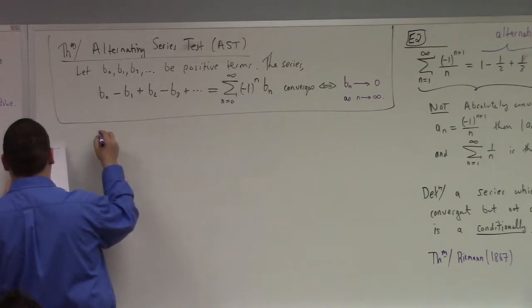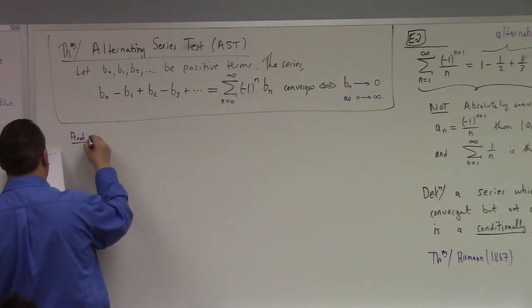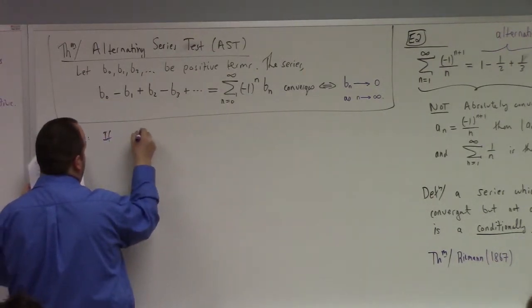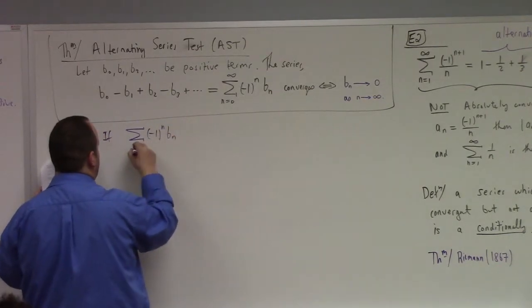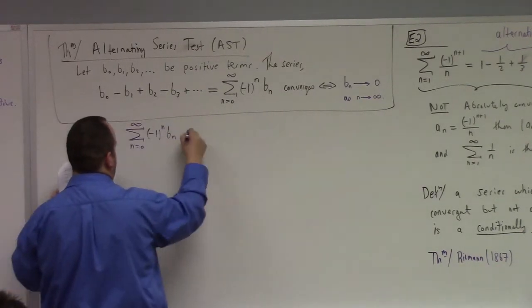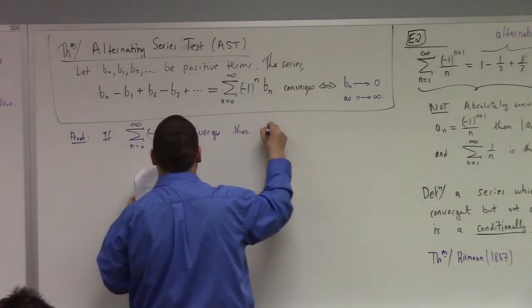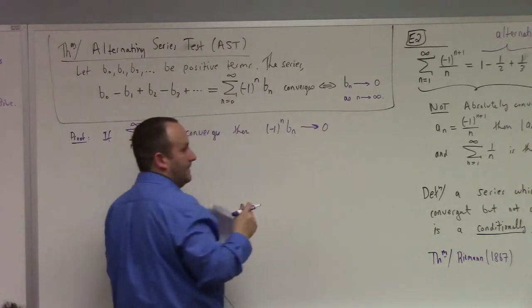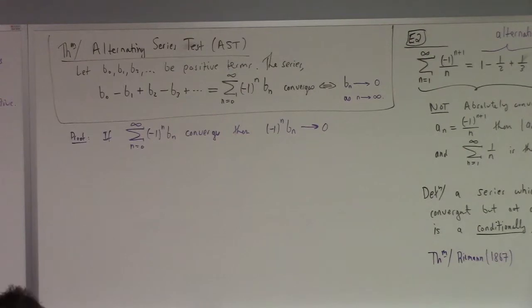For this part of the course, proof: if the sum of minus 1 to the n, b sub n, n equals 0 to infinity converges, then minus 1 to the n, b sub n goes to 0 by the nth term test for convergence, right? Yep.